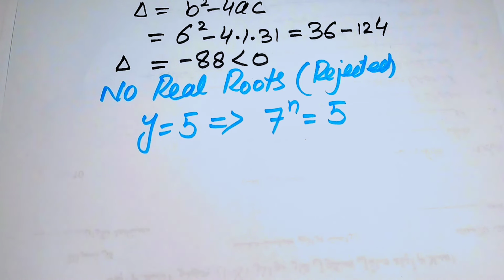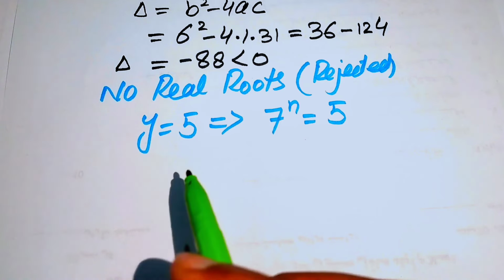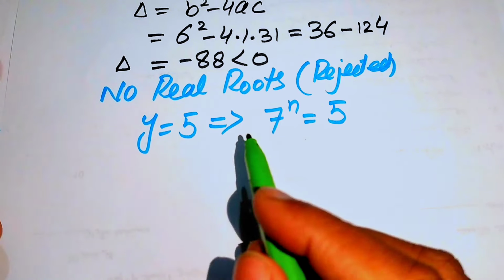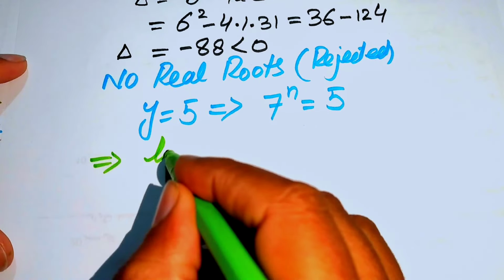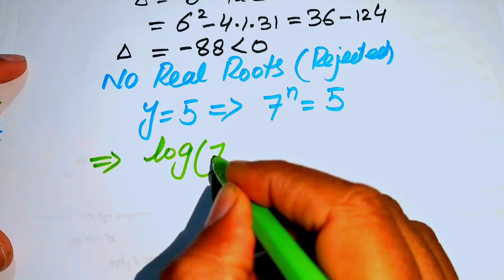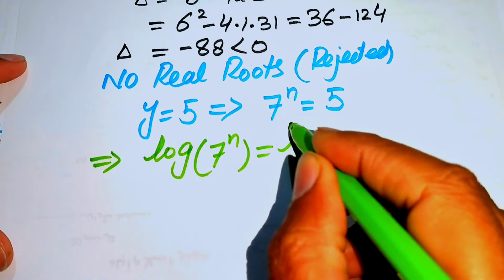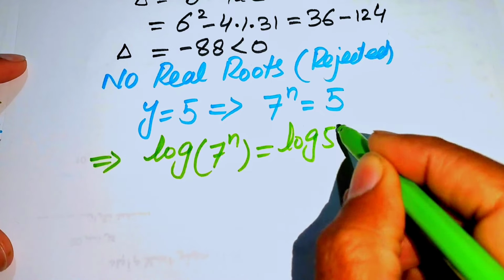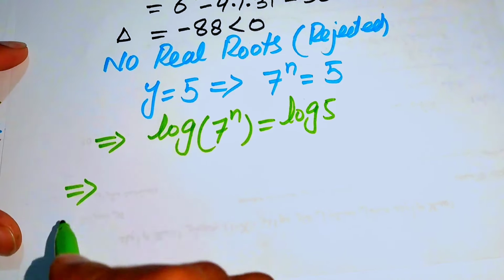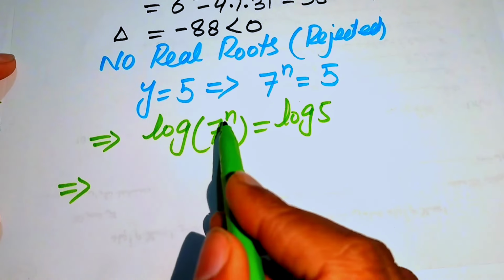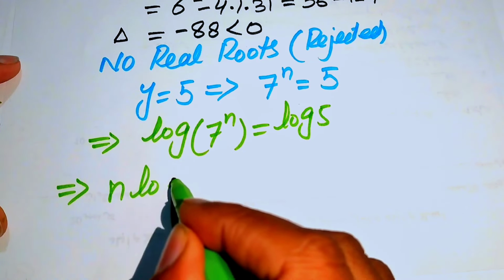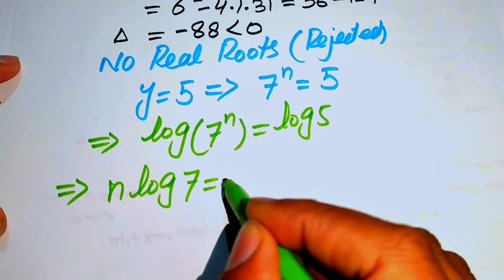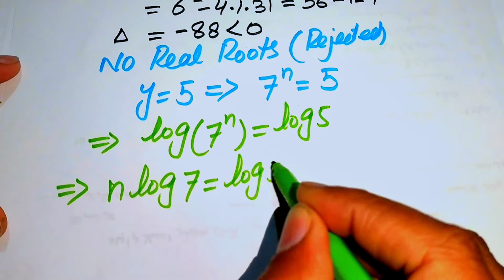In order to find the value of n, we need to take the log on both sides. Then we take log of 7 to the power of n equals log of 5. On the left hand side we use the property of logarithms, and we move this n to the front of the log, and we write it as n times log 7 equals log 5.